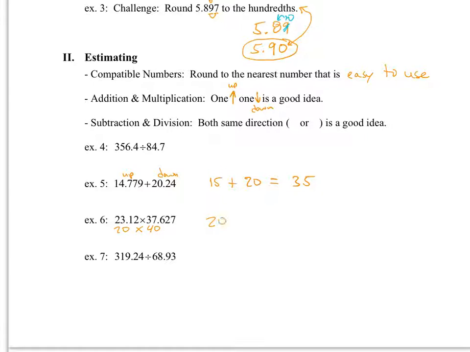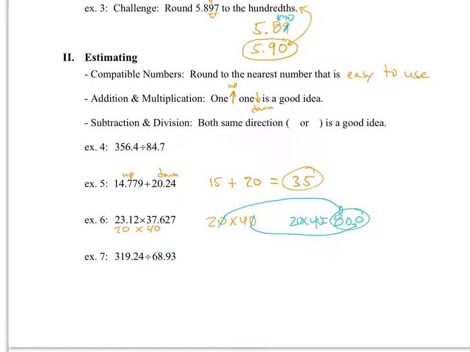So 20 times 40, and the trick with zeros is if you pretend that they're not there, you make it 2 times 4, gives you 8, and I have 2 zeros, so those 2 zeros are going to come back over here and go 0, 0. So 20 times 40 gives me 800. Okay, so nice trick with zeros there. So 800 would be good.